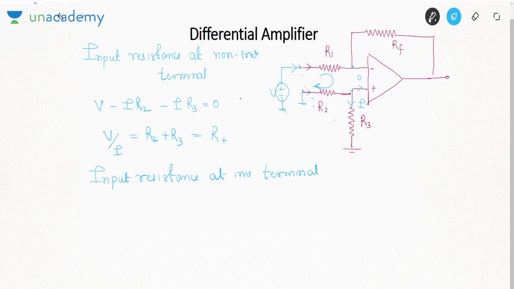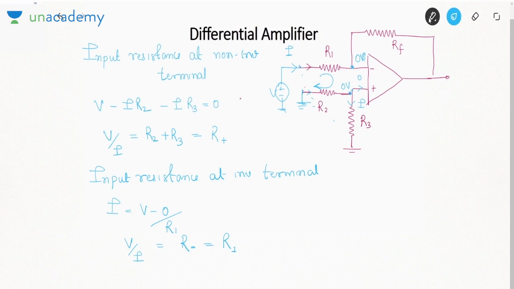So if you have grounded this non-inverting terminal, what is the voltage here? 0 volt. By virtual ground, what is the voltage here? 0 volt. So what is this I? V minus 0 by R1. So V by I equal to resistance of negative terminal is equal to R1.